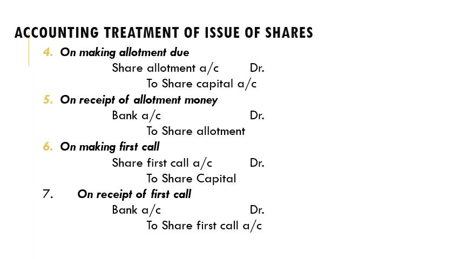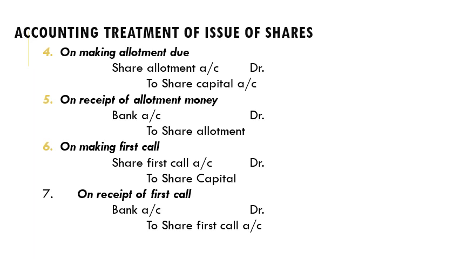The share capital is getting credited because the share capital increases as the shares are allotted. Later, the company intimates the applicants that they have to pay the allotment money within a stipulated time, and once the due date is reached, they will pay the allotment money. At that time, the company will get the allotment money. In such a case, the journal entry on receipt of allotment money is bank account to share allotment account.